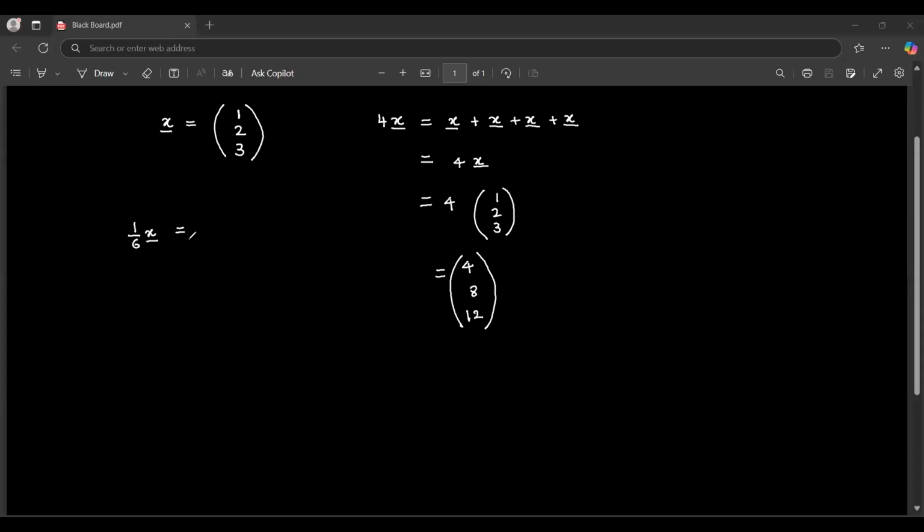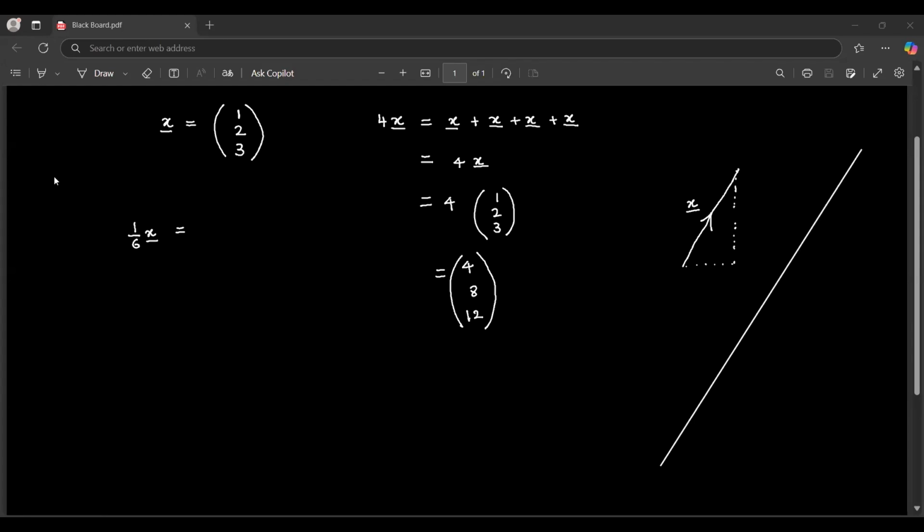Well, for 1 over 6 x, we have a complete x. Let's say this is x, it's 1, 2, 3. So it should look something like this. I'm not talking about the plane, but let's just say this is x. If I enlarge this, it should look like this.